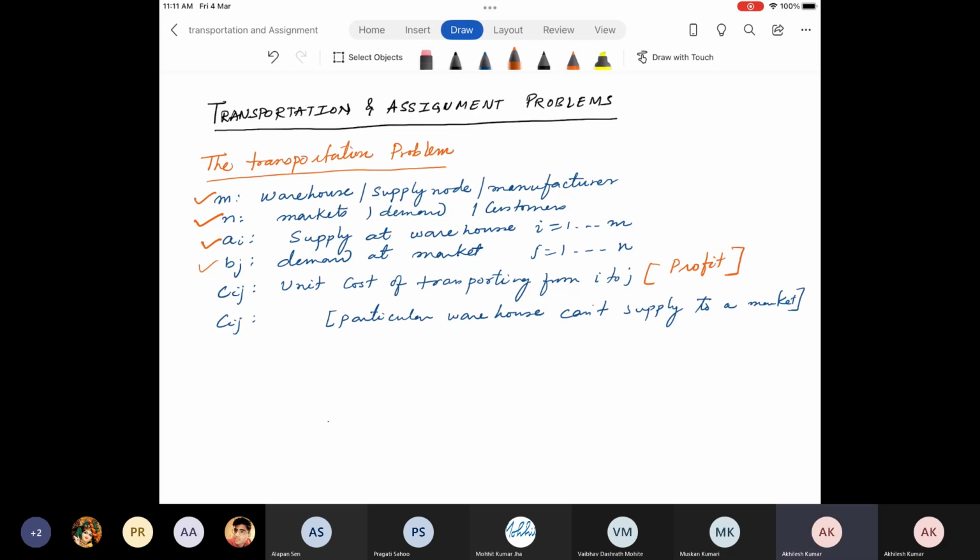So sorry, guys. So the cost of transporting product from warehouse 1 to customer 1, customer 2, customer 3 are C11, C12, C13 and so on.